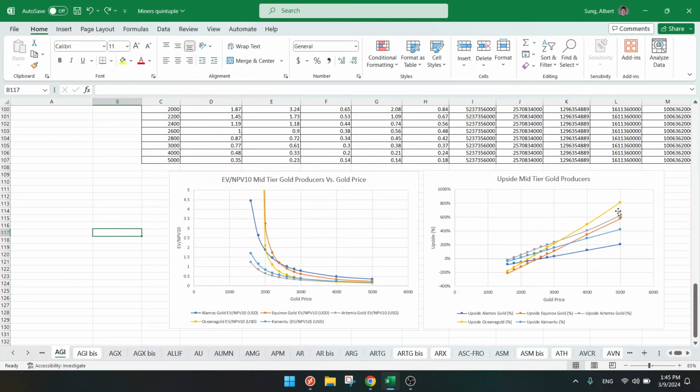As the gold price goes up, then the EV to NPV goes down, right? And as it goes below 1, then it becomes undervalued, and then you have upsides in that stock. I want to automate this.